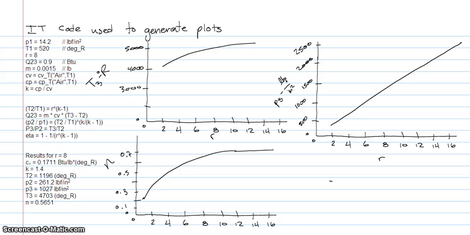This first one here, you have the max temperature versus the varying compression ratios. As you can see, it gradually inclines, it starts off a little steeper and then smooths out the higher the ratio. For part B, this is over here, it's the highest pressure, also state 3.